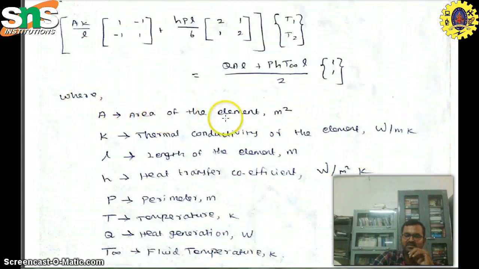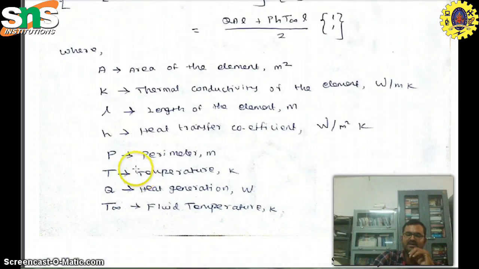Here A is the area, K the thermal conductivity, L the length of the element, H the heat transfer coefficient, and P the perimeter, which may be given in the problem. T is the temperature in K, Q is the heat generation in W, and T infinity is the fluid temperature in K.